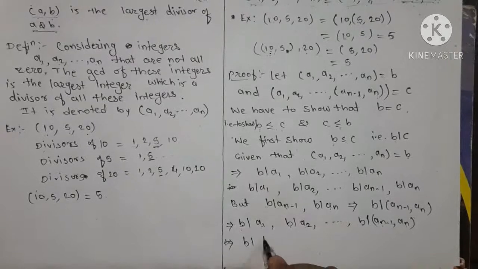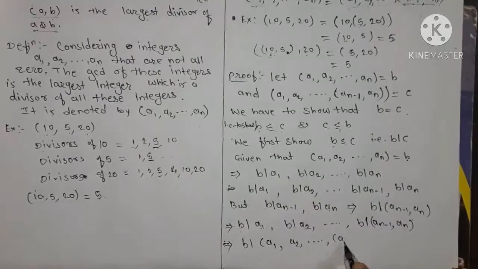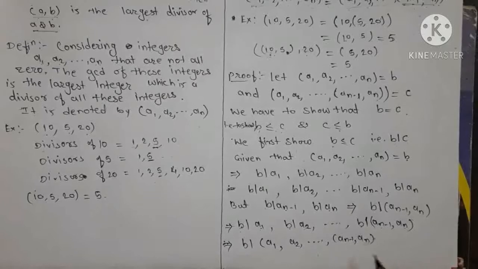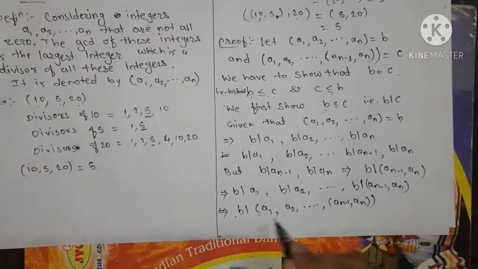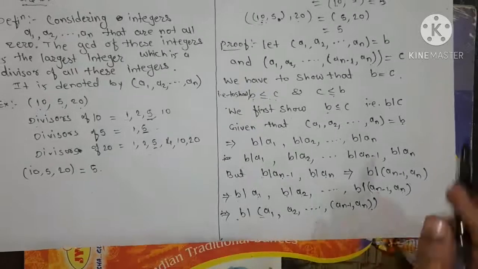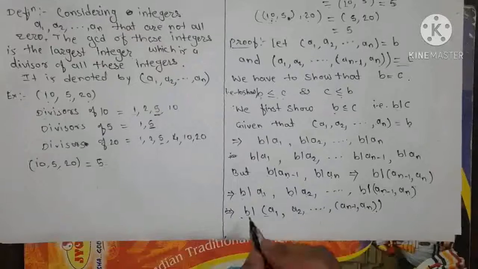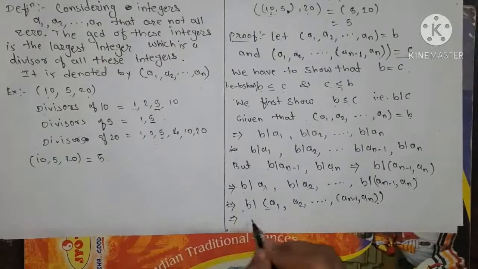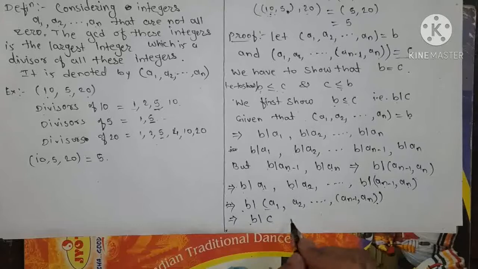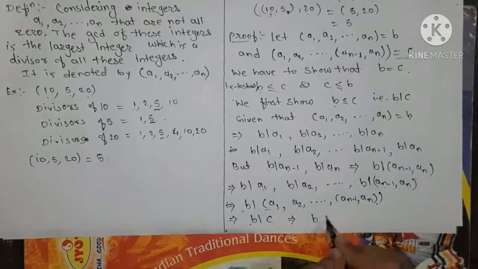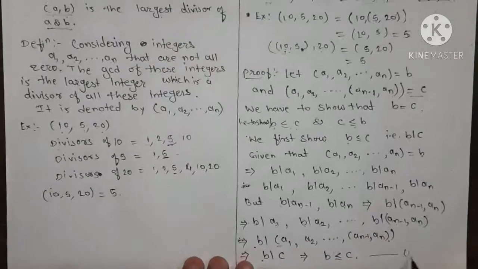So B divides the GCD of A1, A2 and so on, GCD of AN minus 1, AN, and the GCD of these integers we denote by C. So we have B divides C, which is the same as B is less than or equal to C. We give this as equation number 1.